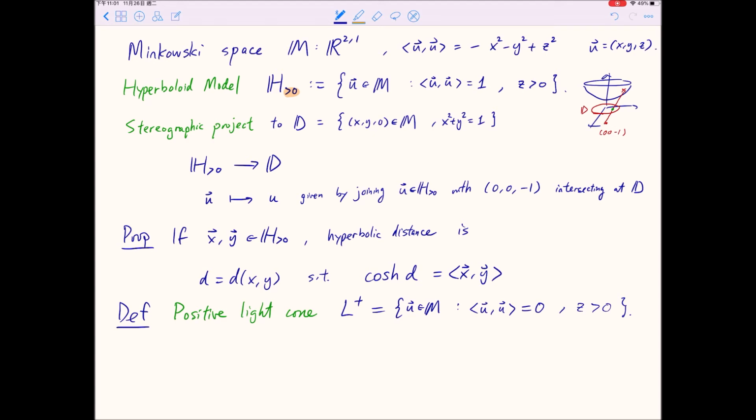Then it turns out that a point on the light cone will uniquely define a horocycle. This will be all the elements on your hyperboloid with inner product 1 with your point. So these are the horocycles.